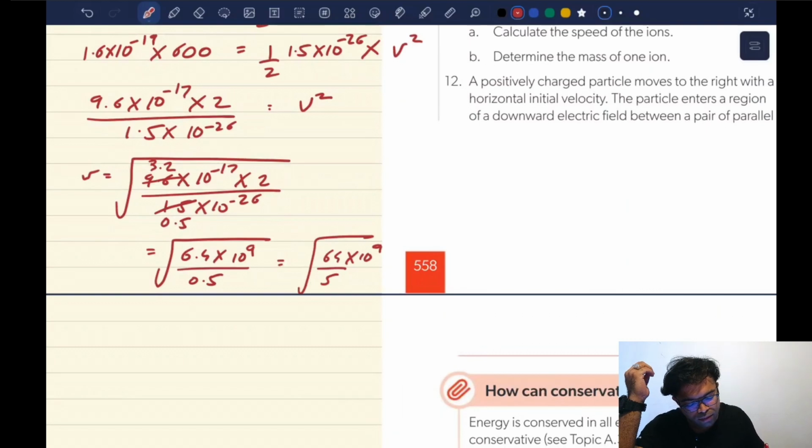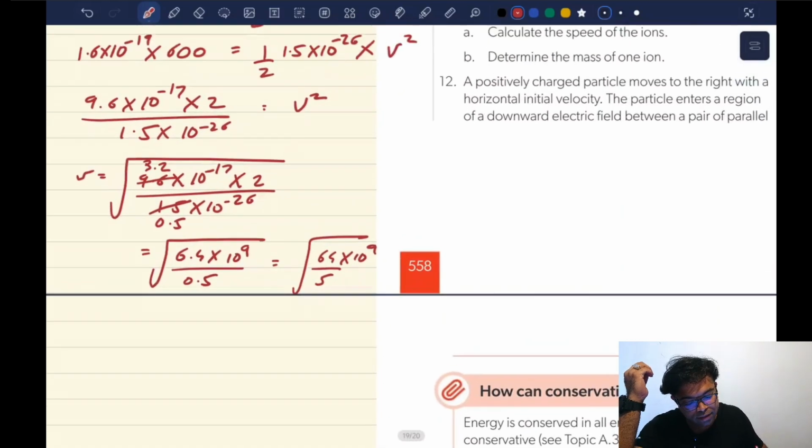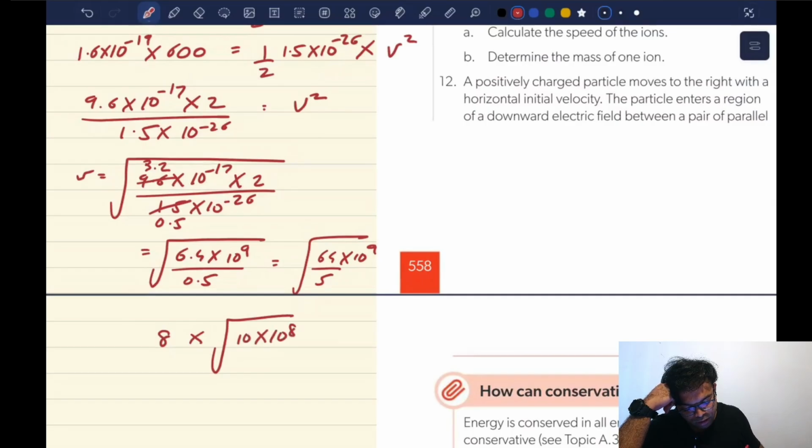So what will we get? I can take this 8 out, right? 8 into root under 10 into 10 to the power of 8 upon 5.